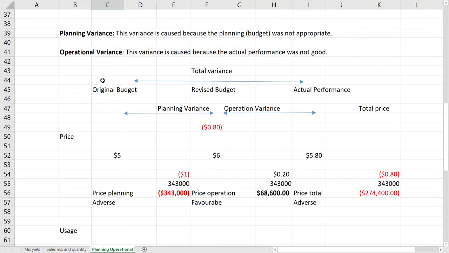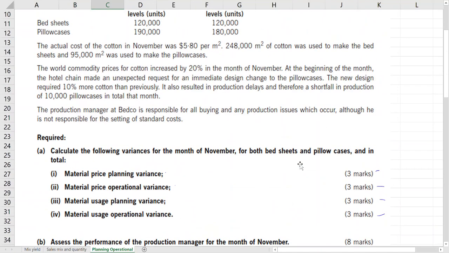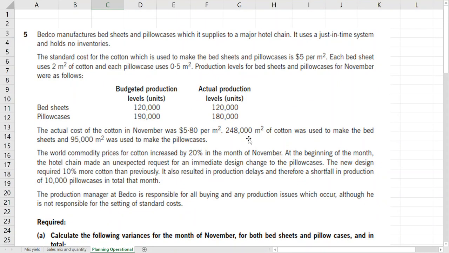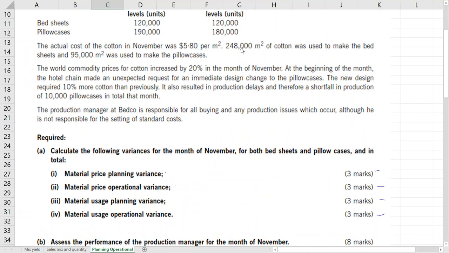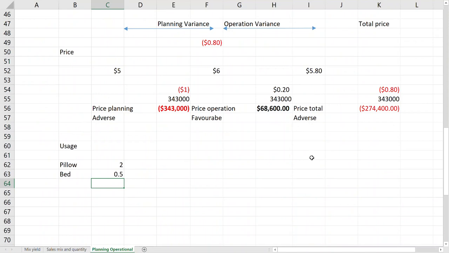This is our original budget. What is the actual use? Actual use is 248,000 and 95,000. This is in total.